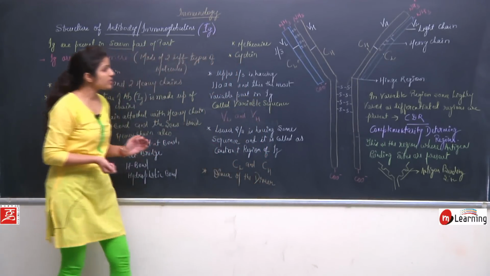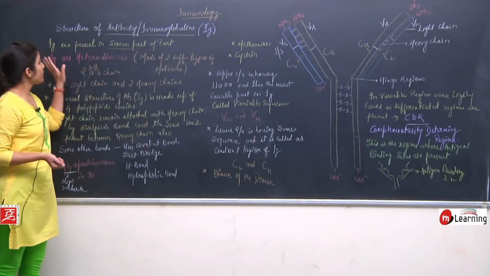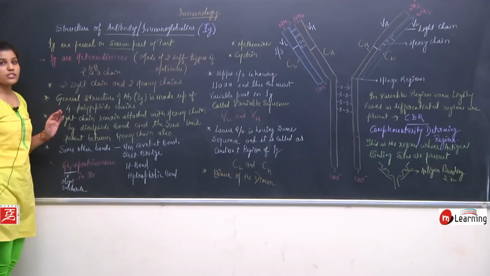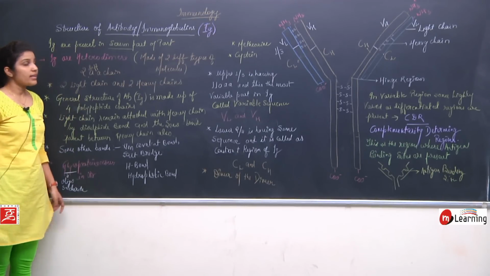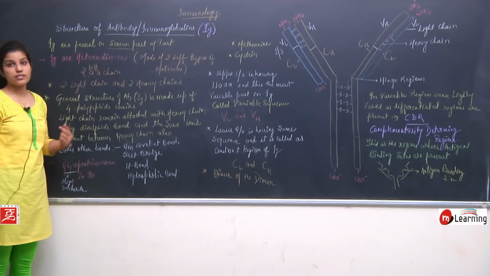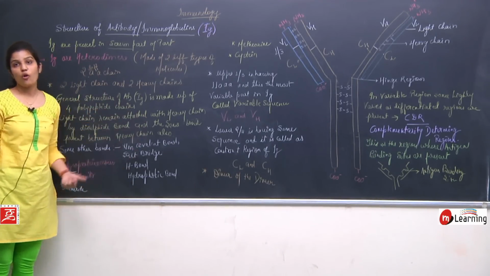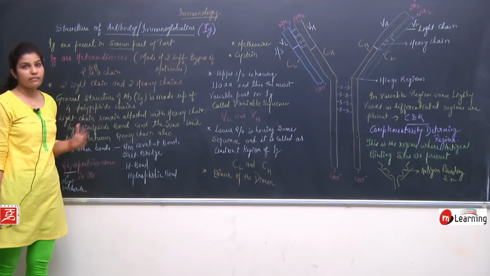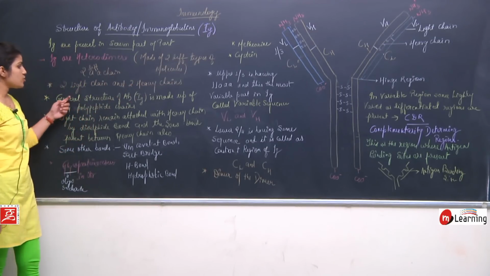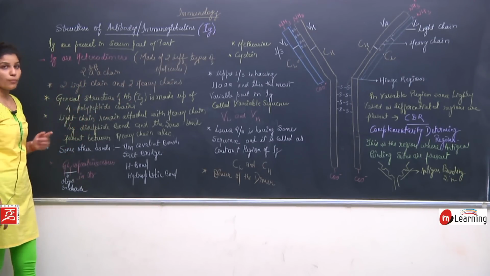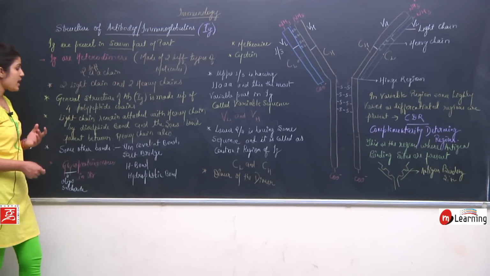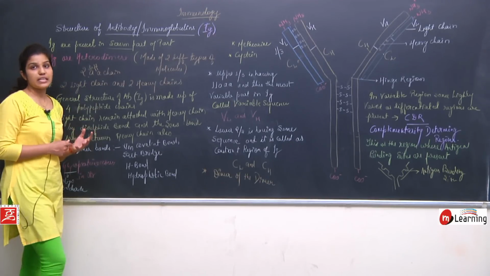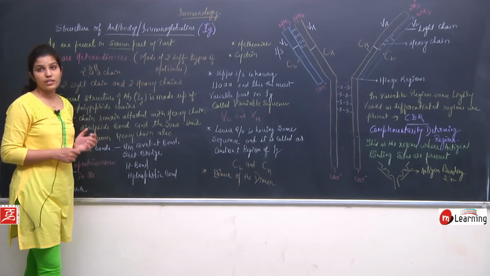Now, what we have discussed here, that Ig, that is immunoglobulins, are present in the serum part of our blood, and they are called heterodimers and also dimer of the dimers. Okay. Now, there are 2 light chains and 2 heavy chains, and the general structure comprises 4 polypeptide chains. Light chains remain attached to our heavy chains by disulfide bonds.